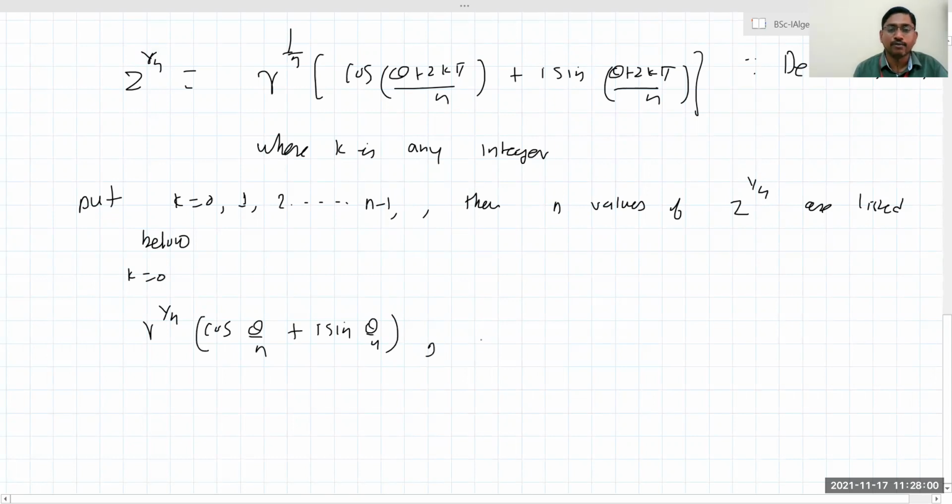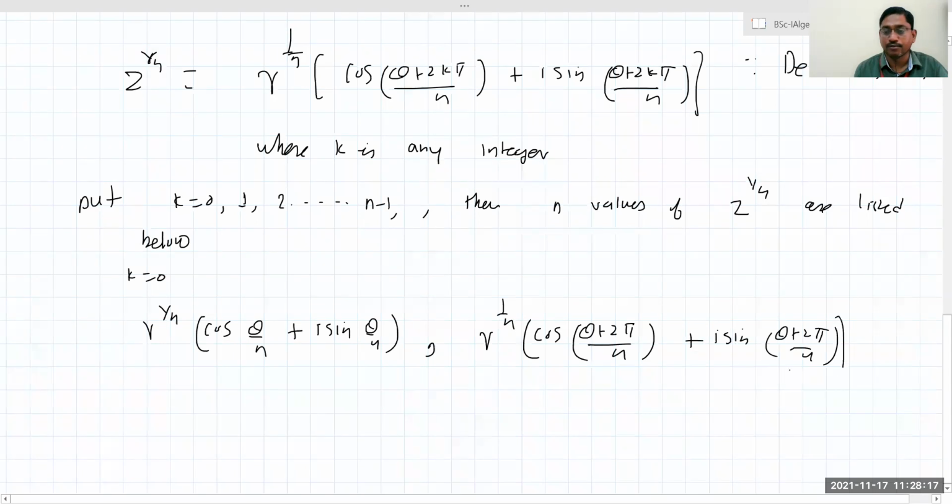When I put k equal to 1, it is cos of theta plus 2 pi divided by n plus i sine of theta plus 2 pi divided by n.